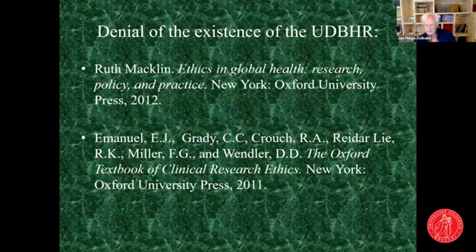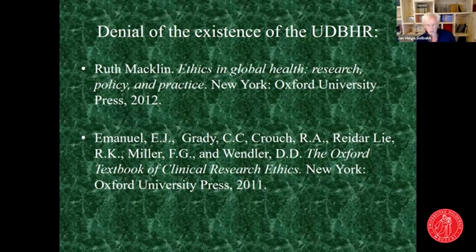And also, we see from the same group of ethicists an active tendency to deny or hide the existence of the Universal Declaration on Bioethics and Human Rights. For example, Ruth Macklin, who is a very prominent New York-based US bioethicist, in her book, Ethics in Global Health: Research, Policy and Practice, there is no reference whatsoever to the Universal Declaration on Bioethics and Human Rights.